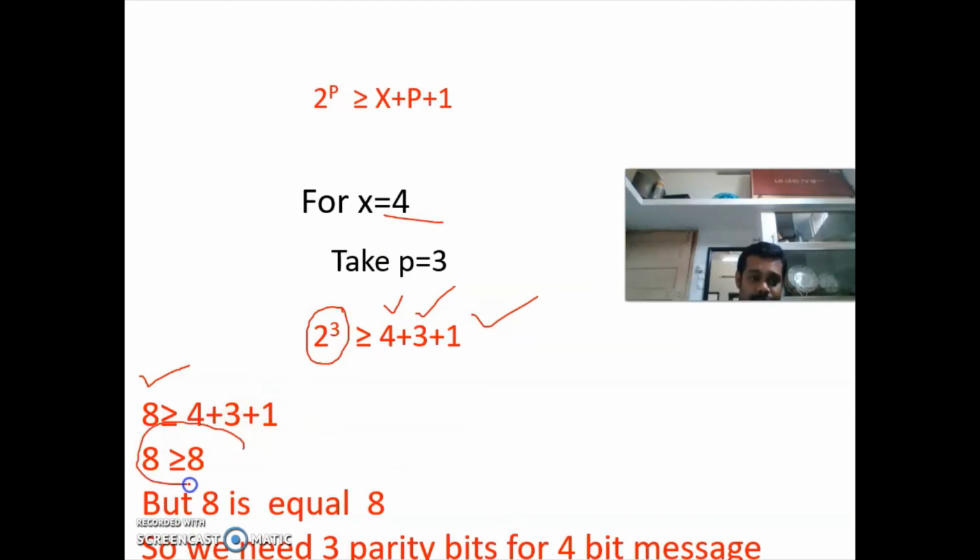So 8 is equal to 8. The condition is satisfied. So we need 3 parity bits for a 4-bit message in order to develop a Hamming code.